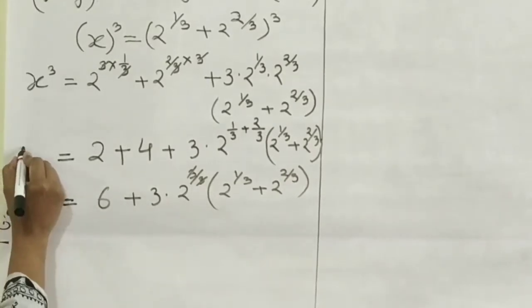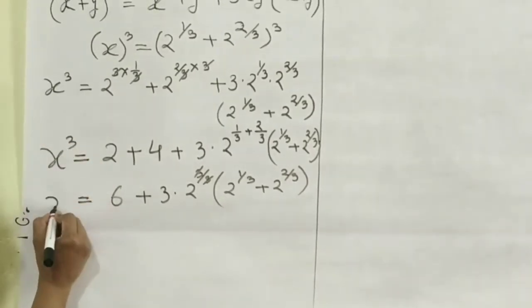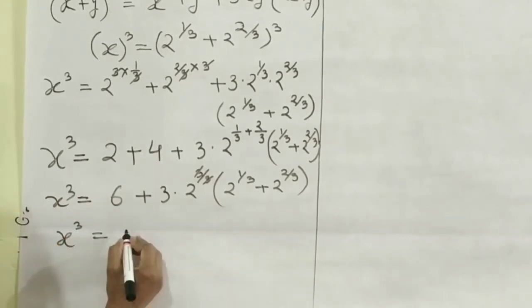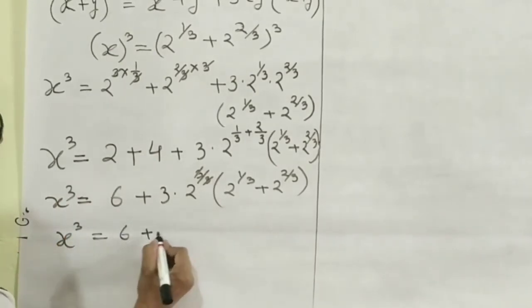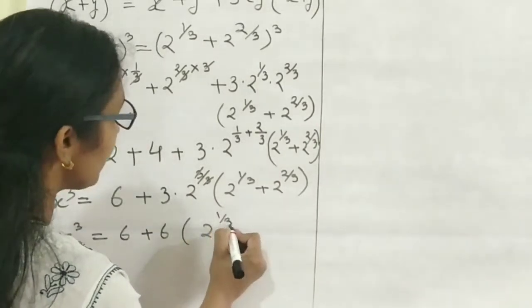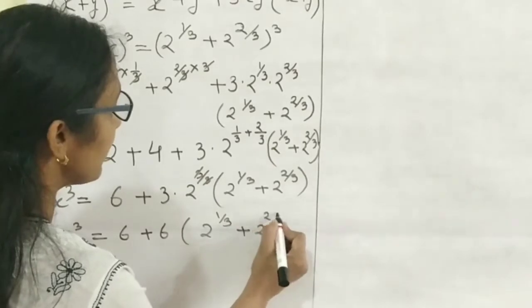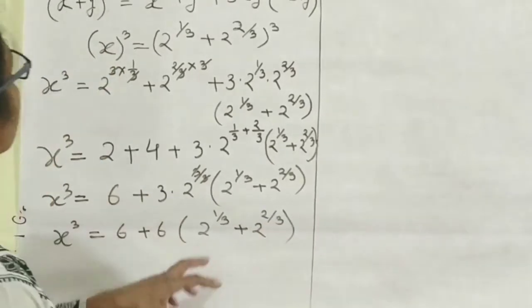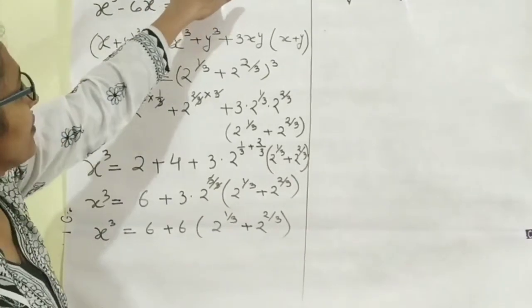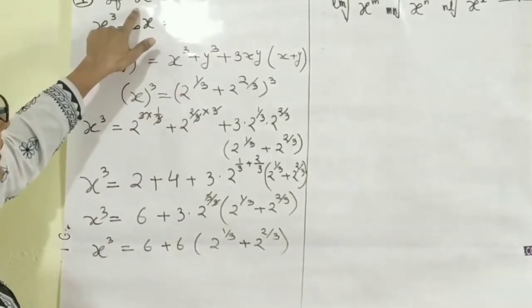So actually we have to write x cube here. x cube equals 6 plus 6 into (2 to the power 1 upon 3 plus 2 to the power 2 upon 3). Now look here, 2 to the power 1 upon 3 plus 2 to the power 2 upon 3 equals x.